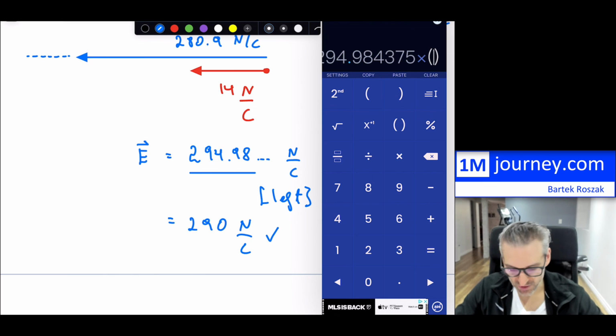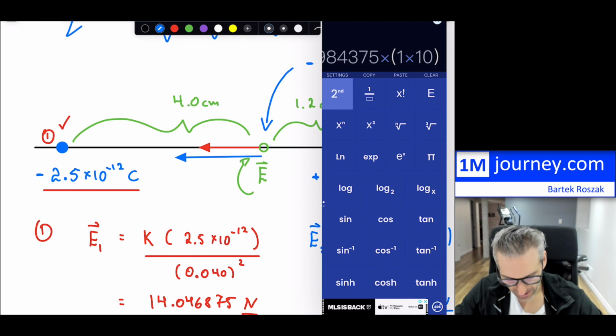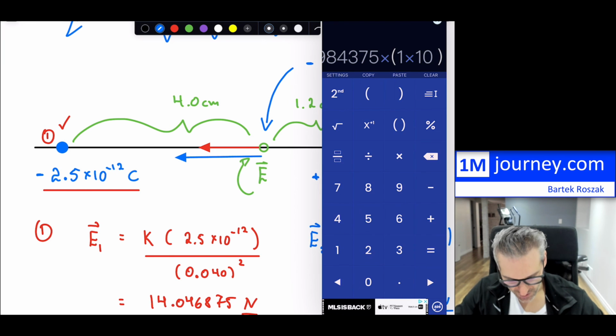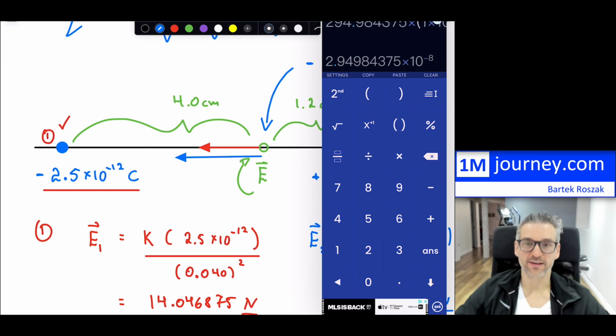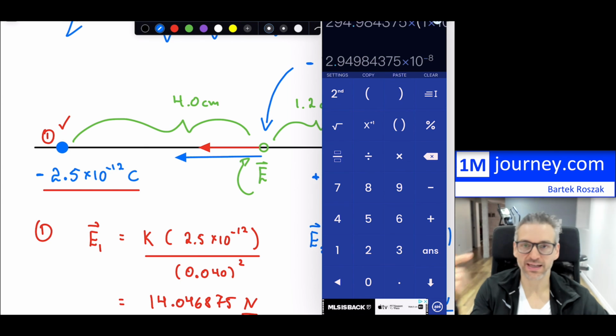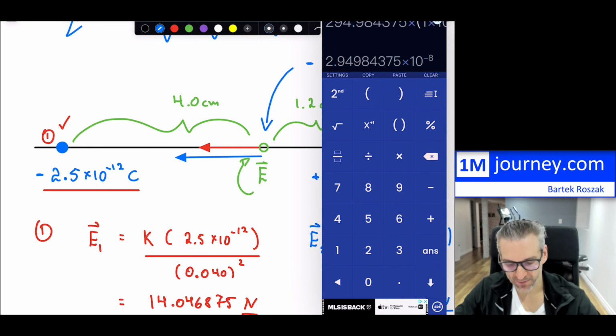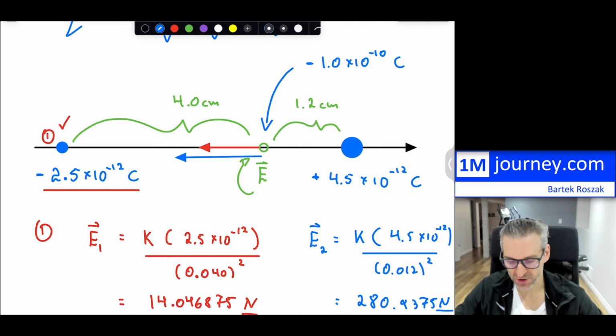If I wanted to substitute this back in, I think it was 1 times 10 to the negative 10. So to the negative 10, and I wanted to find out what that is. Now I have the exact force that is present, but it is to the right. So that's what you would actually find and experience on this.